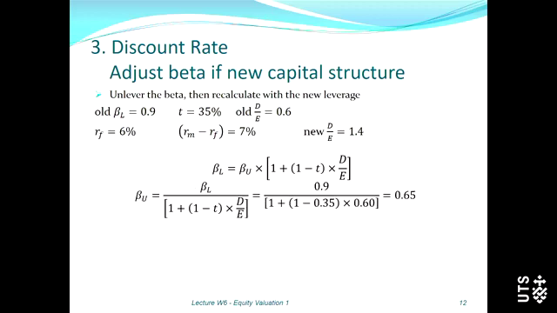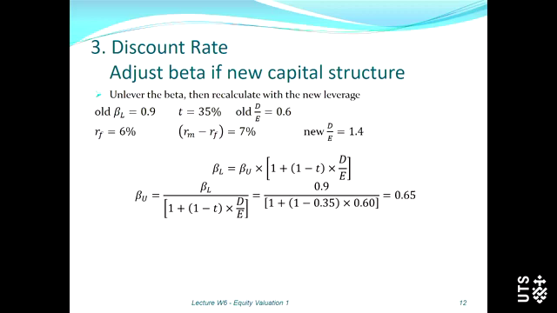So if we use this formula, we can unlever the 0.9 beta. If we divide 0.9 by 1 plus (1 minus the tax rate) times the old debt to equity ratio, we get that the systematic risk measured by beta for this company is 0.6.